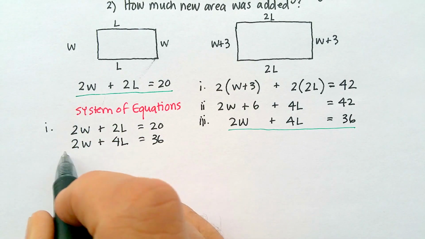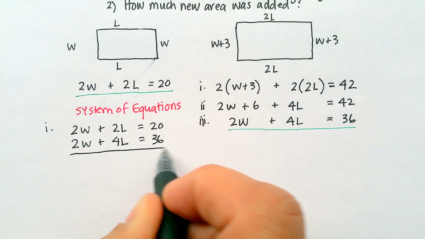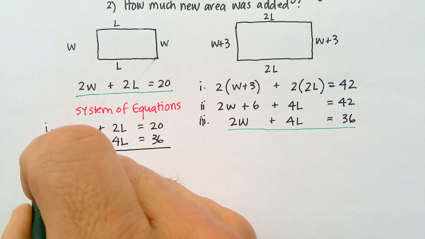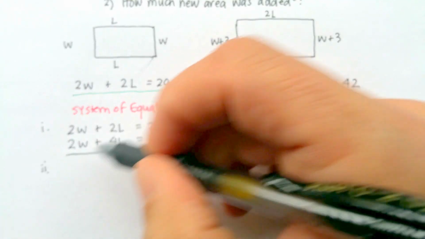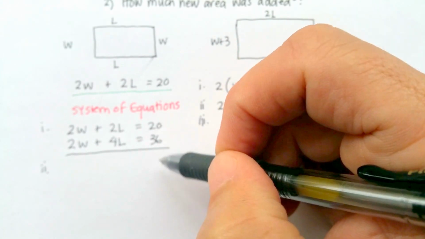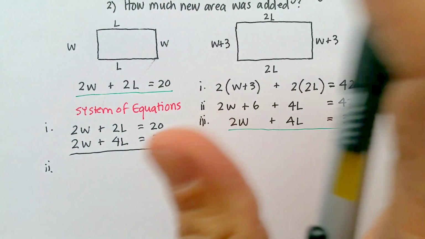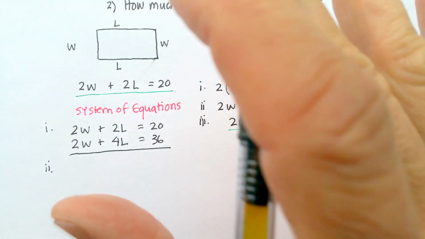Now, in the elimination method, I just want to get rid of one of these variables. And the way I can do that is to line them up, like it is here, W on W, L on L, numbers on numbers, and then add them or subtract them so that one of them disappears.